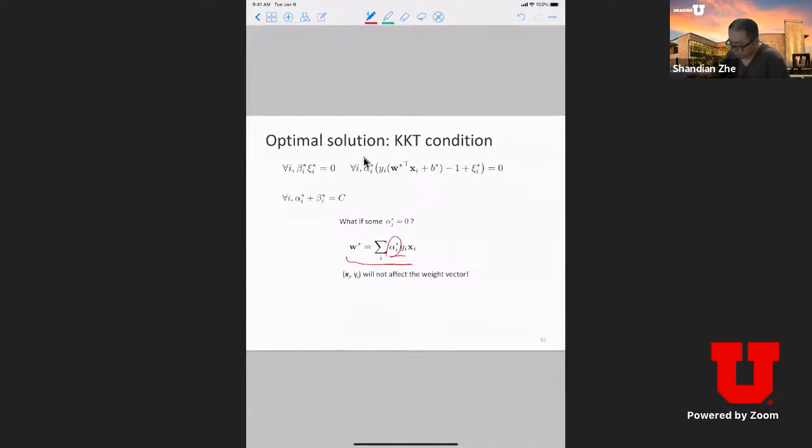So a natural question is, what if some alpha j star is simply 0? If alpha j is 0, then the corresponding sample xj, yj will not affect the weight vector at all.